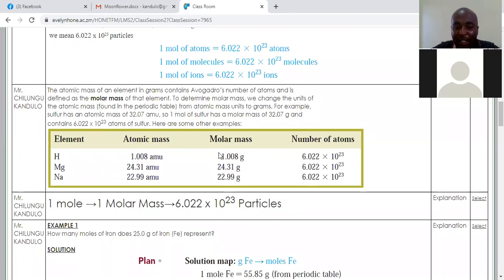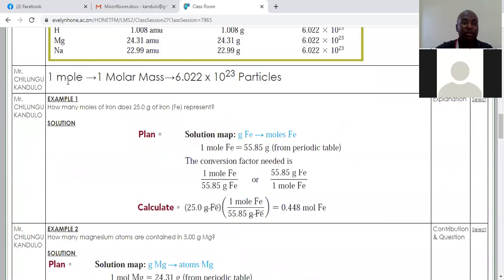And the number of particles in the molar mass is also the number of particles in 1 mole. Why? Because 1 mole is equivalent to the molar mass. To say 1 mole corresponds to the Avogadro's number of particles. So these are the examples.